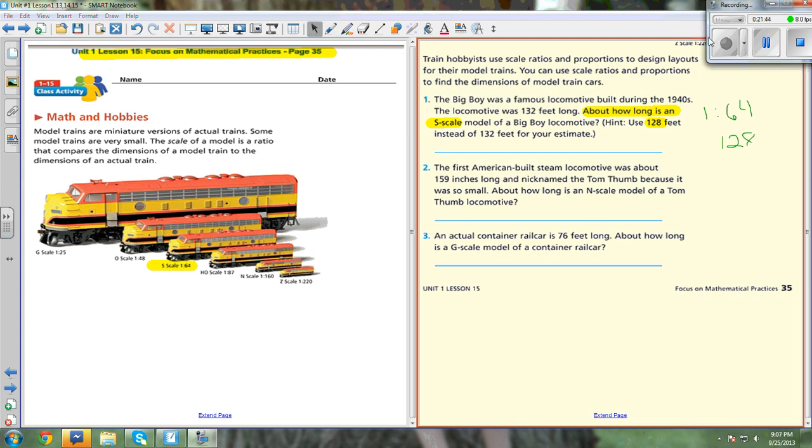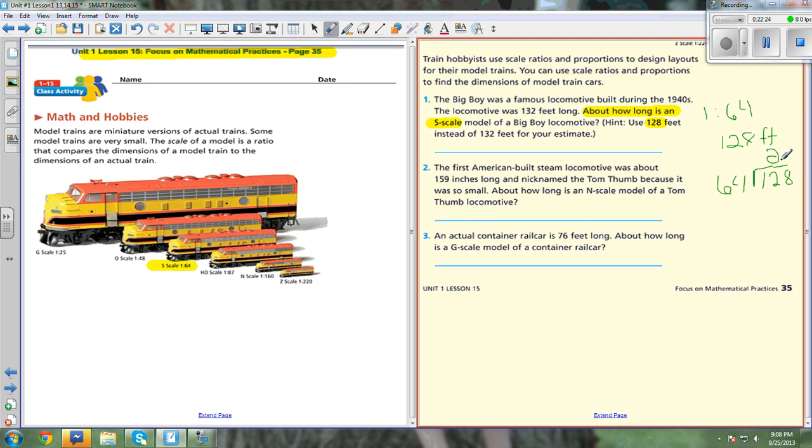It says 1 to 64. It doesn't tell us the unit, but it does tell us that it's 128 feet. So if this was 1 foot to 64, and you have 128 feet, you would take the 64 into 128, which would go 2 times.